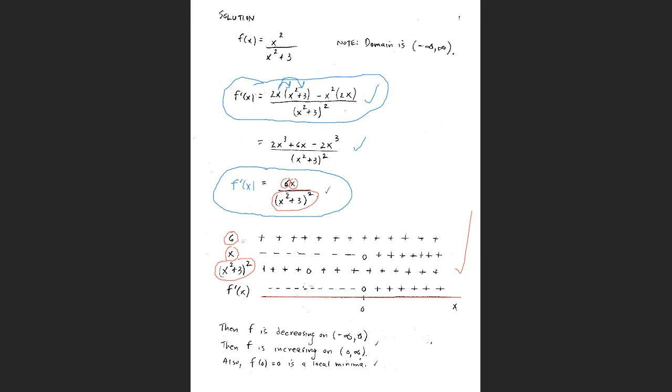But I know x equals 0 is an important value. Why do I include x equals 0 on the chart?